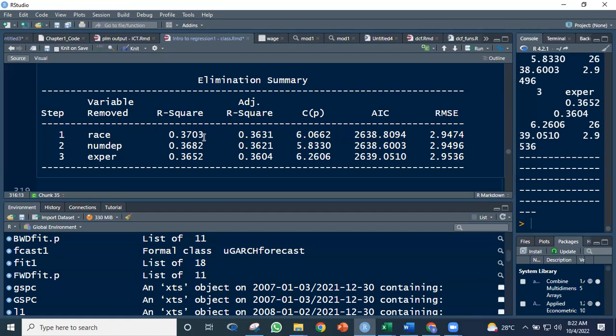The R squared will always be greater than the adjusted R squared, because adding more variables always raises the R squared. However, what we're more interested in is the adjusted R squared, because we penalize our model for the use of more independent variables.